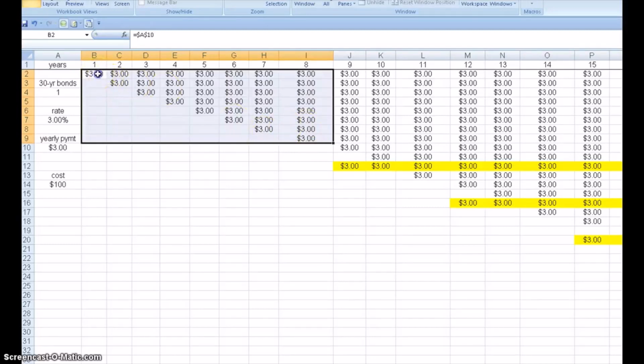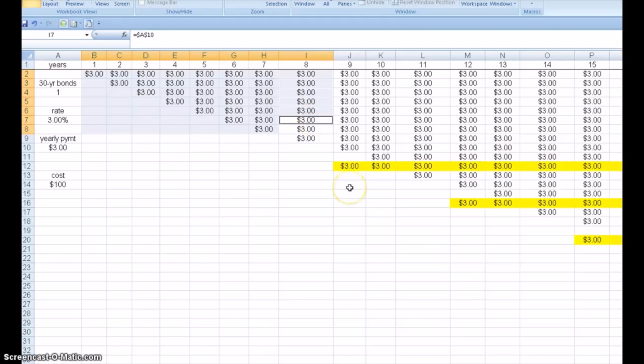So in fact, when I'm here in the 8th year, right here, I'm at $102. Now what I can do right there is I have enough money from the interest payments to buy a new bond. And what I'm going to do in the spreadsheet is I consider buying that bond the next year.